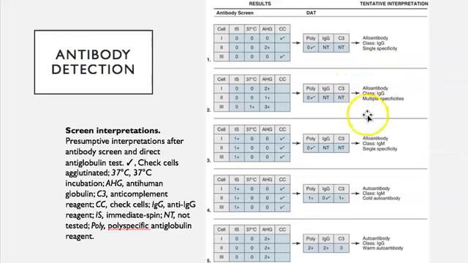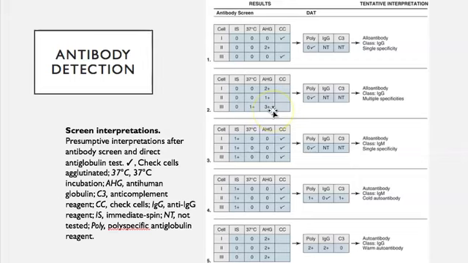Again, alloantibody, IgG class, because we're seeing reactivity in the warmer phases of testing. Multiple specificities. How do you determine that it's multiple specificities? Because of the varying reaction strengths, and you can see with screen cell 3, whatever this antibody is, it's reacting at 37, but then it's reacting stronger after the addition of AHG.